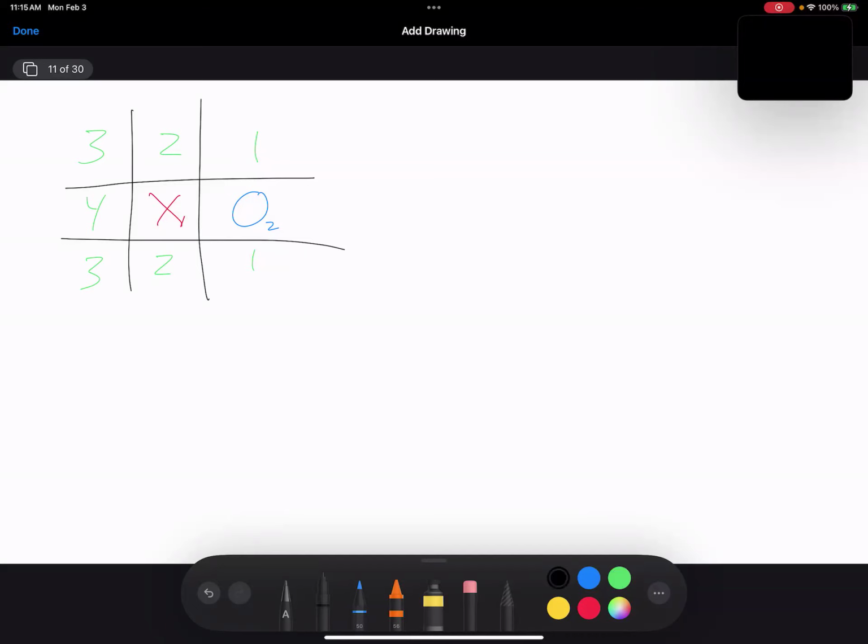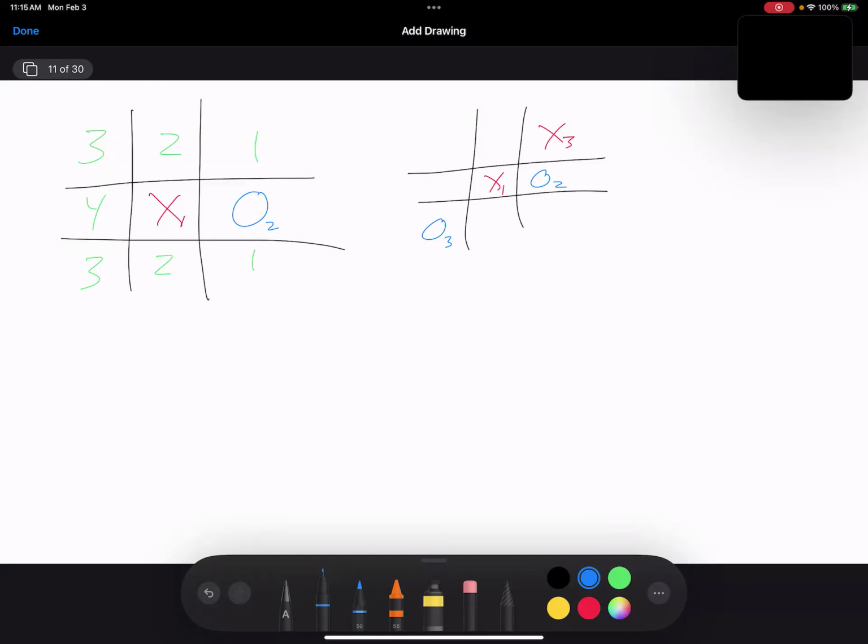If we start looking at things, we can start analyzing the game states. If X goes here on its first move and I respond here, let's see what happens if X goes here. What do I have to do? I have to go down to the bottom corner. X wins.